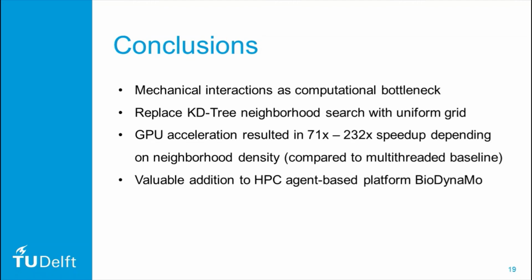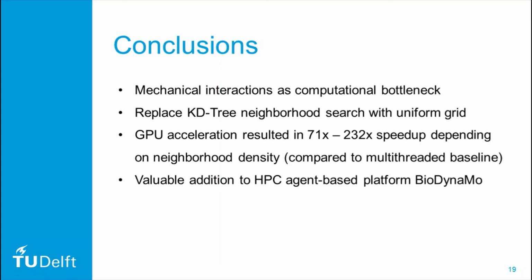In conclusion, by profiling a typical benchmark, we observed that the mechanical interactions of a 3D agent-based biological simulation are the computational bottleneck. Accordingly, we replaced the KD tree with the uniform grid method to perform radial neighborhood searches.